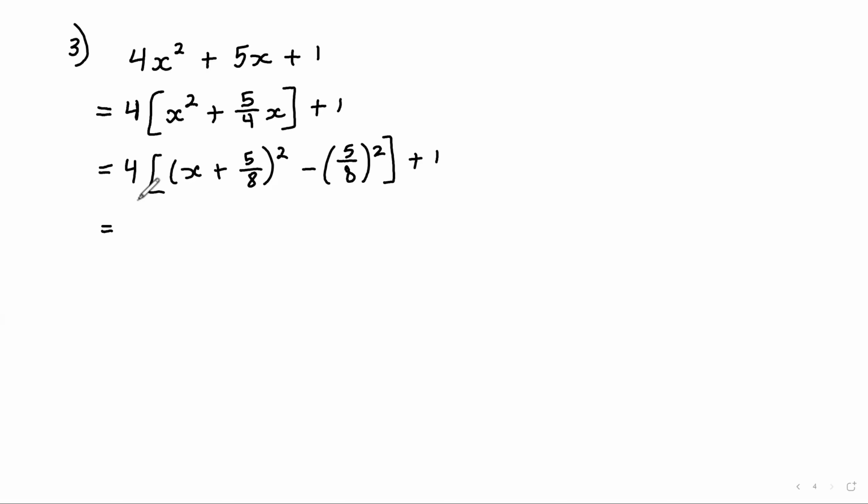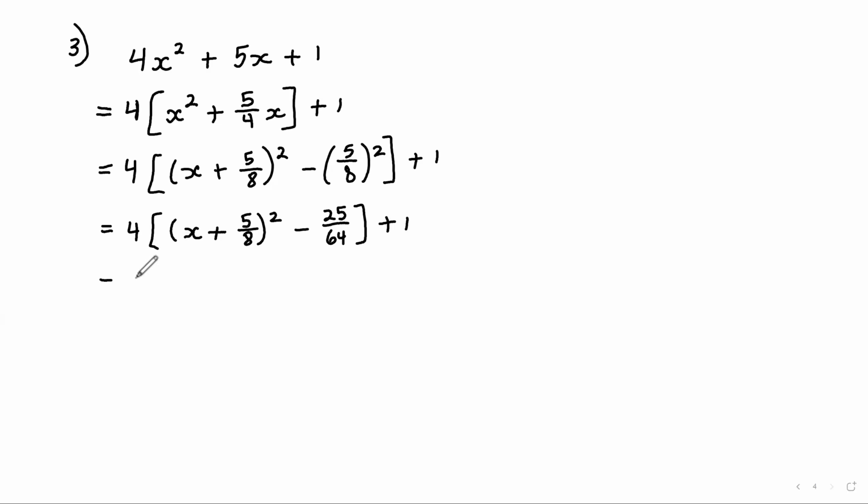Now I simplify. So I have 4. I'm still working within my square brackets. X plus 5 over 8 squared minus, well, 5 over 8 squared. 5 squared is 25. 8 squared is 64 plus 1. And now I can remove my brackets.